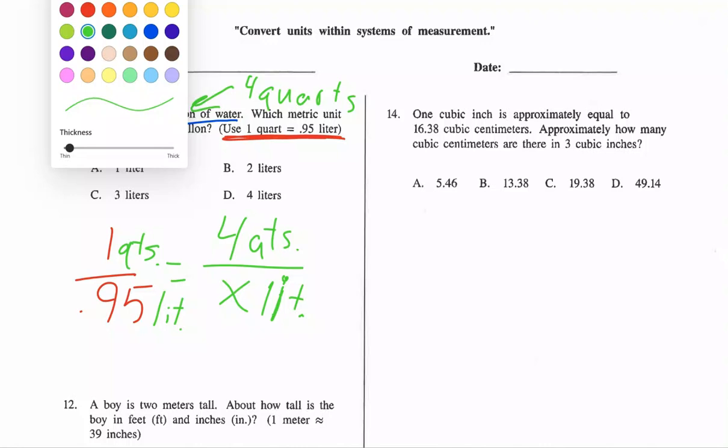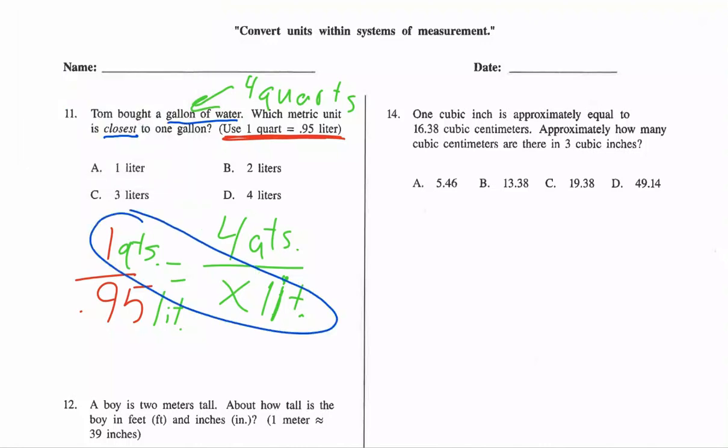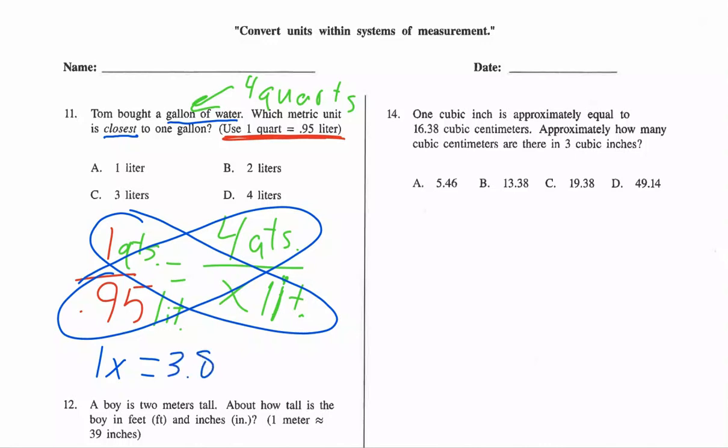Now at this point, what I do is I just cross multiply and solve. When I cross multiply, I get 1 times X, so that gives me 1X. And then when I do 0.95 times 4, I get 3.80.